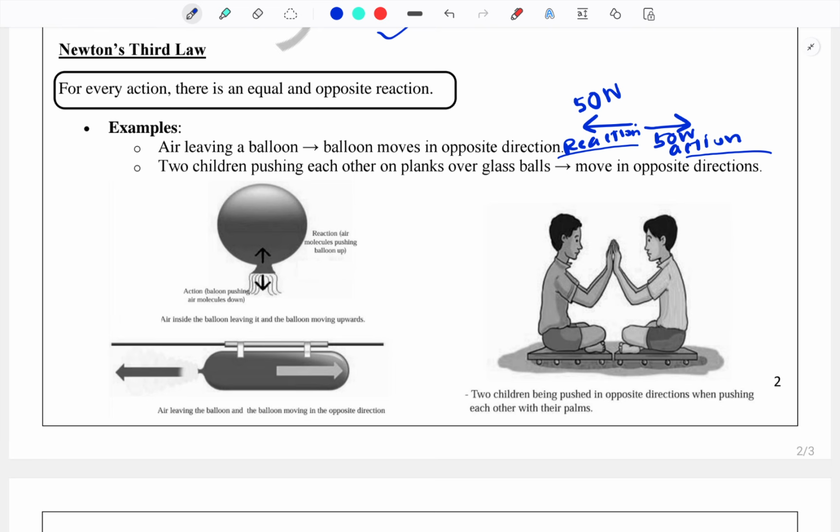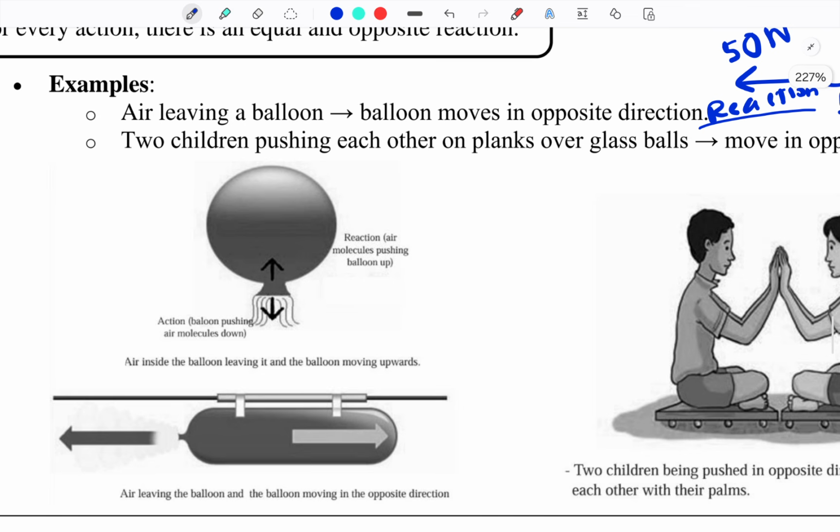Okay, think air is leaving from a balloon. You are blowing a balloon, right? At the first you are blowing a balloon and you suddenly get your fingers from the opening. What happened? What really happened? The balloon is start to move upward, right? How it's moving upward is the air molecules inside this balloon is pushing downward. Okay, now the air molecules coming downwards.